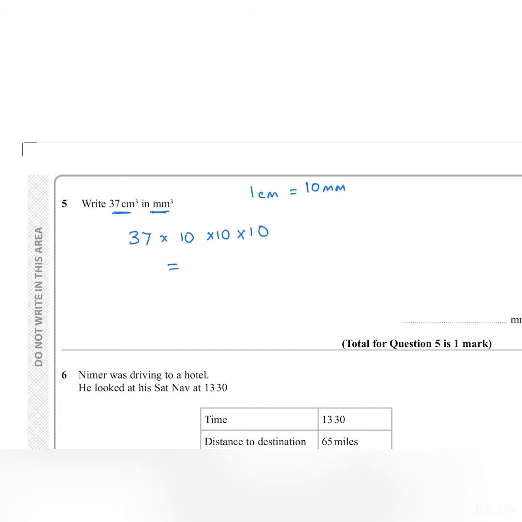The common mistake is pupils would just do 37 times 10, but that will only convert into millimeters, not into millimeters cubed. So if you work this out, that will be 37,000 millimeters cubed.